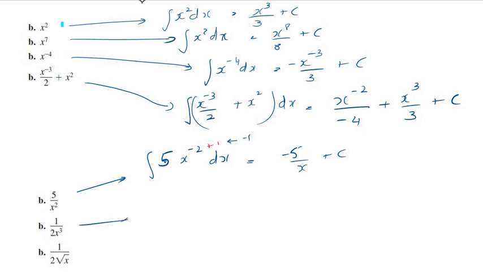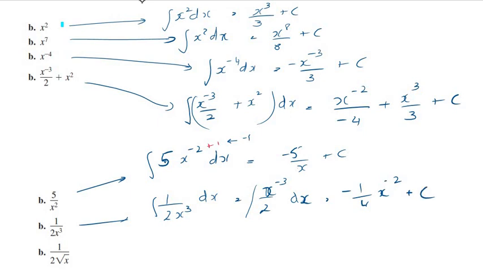Let's do this: the antiderivative of 1 over 2x cubed dx. We can write this as the integral of 1 over 2 x to the power minus 3 dx. So when you add 1, you get minus 2 and you divide by minus 2. So you get minus 1 over 4 x to the power minus 2 plus c.